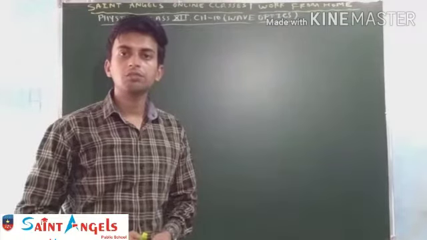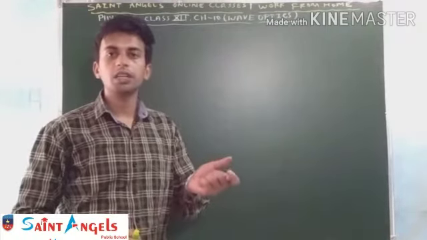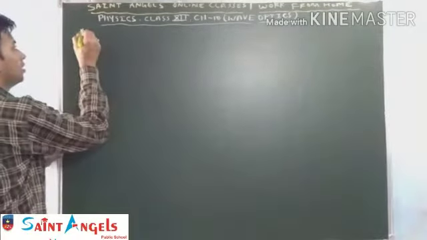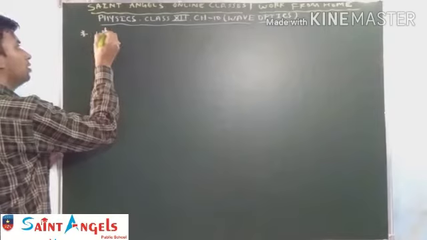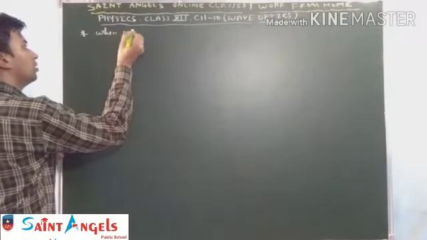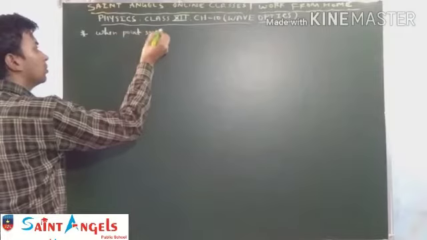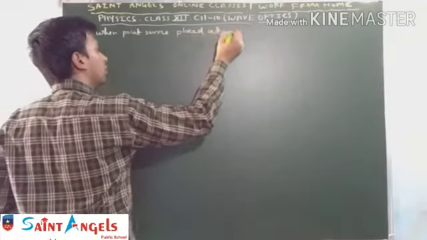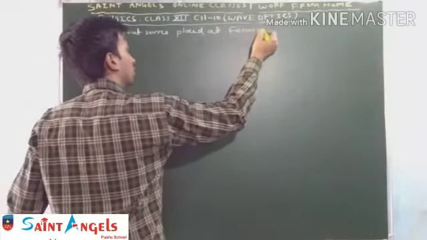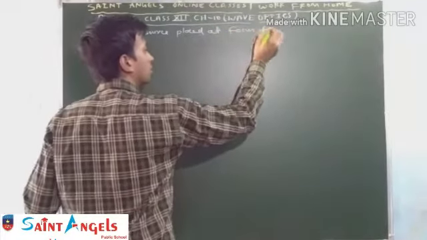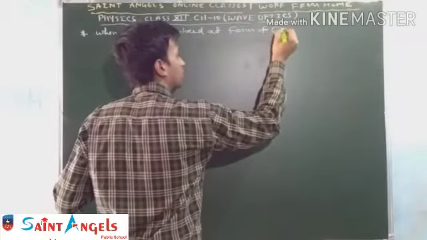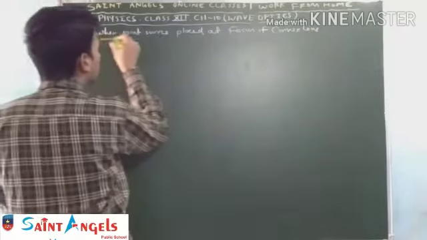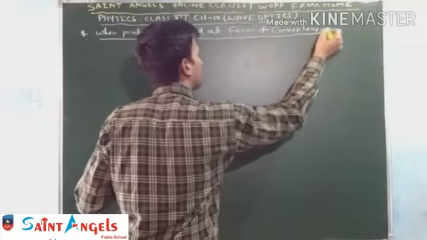Now let's discuss what happens when a point source is placed at the focal point of a convex lens. So the next condition is when a point source is placed at the focus of a convex lens. Then what is the nature of the refracted wavefront?